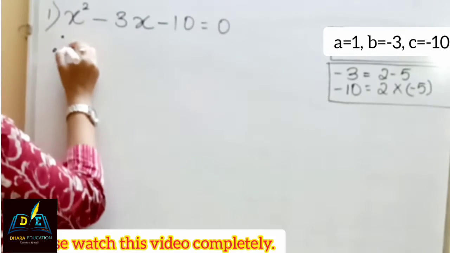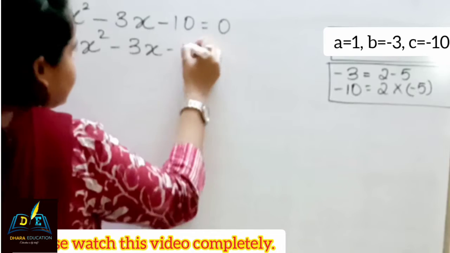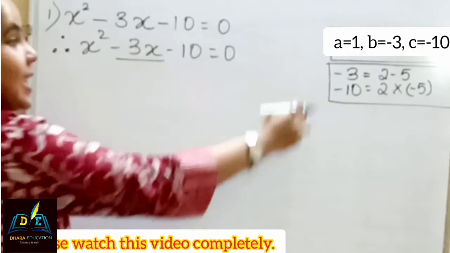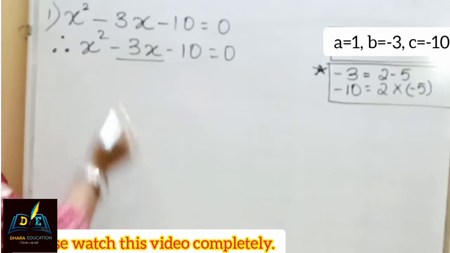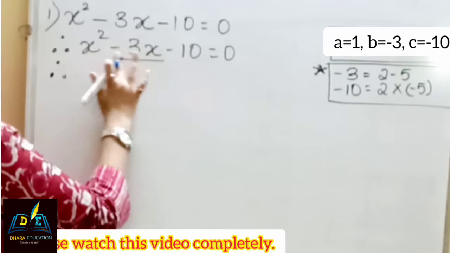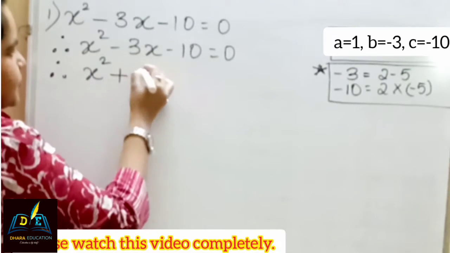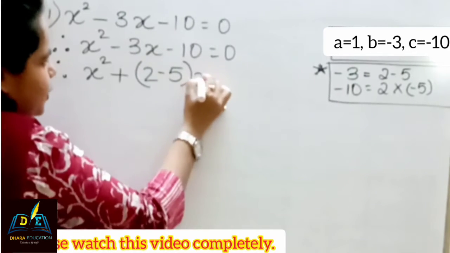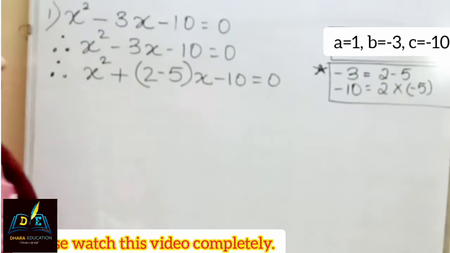First of all, we will write the question as it is. Then we need to split this term as I have written over here. See this, I am making a star mark on it. So therefore, x square plus 2 minus 5, x will come here, minus 10 is equal to 0.